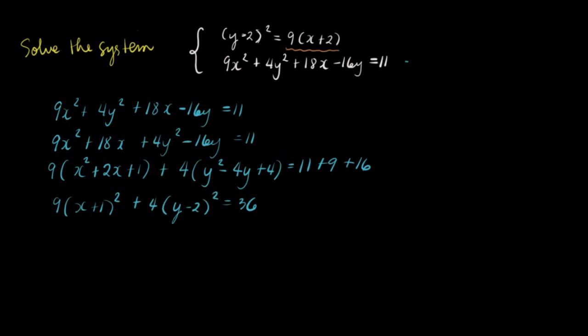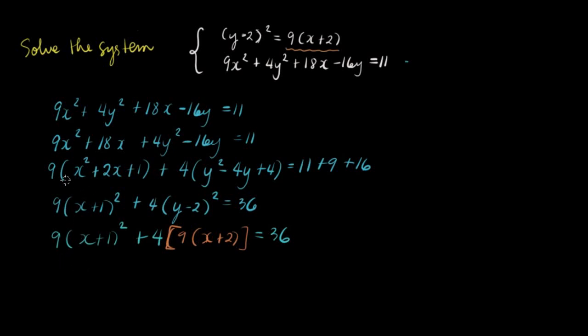So, what will happen is, it will become 9 times x plus 1 squared plus 4. This time, itong y minus 2 squared, papalitan natin siya ng 9 times x plus 2, equals 36. So, let's just simplify.